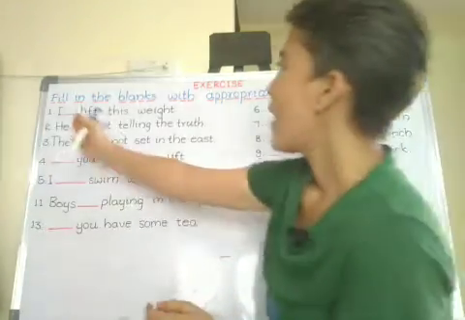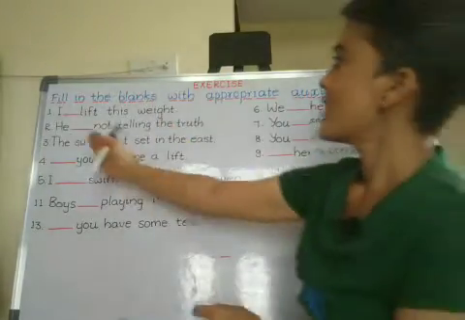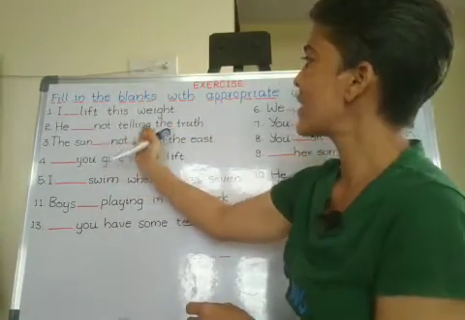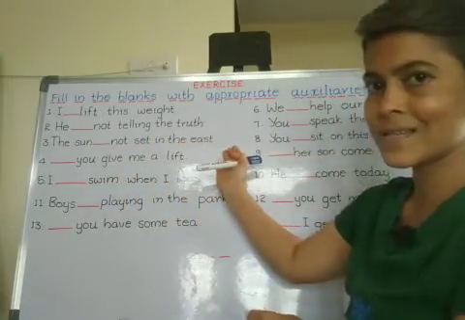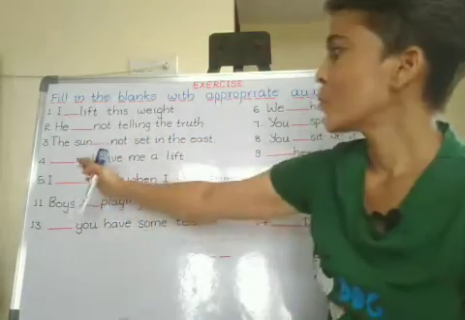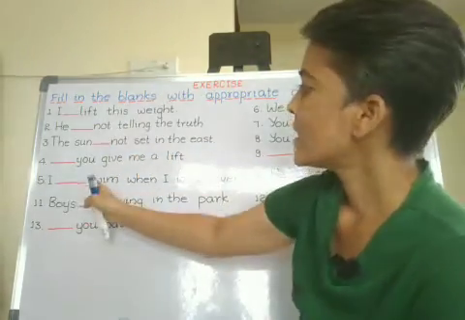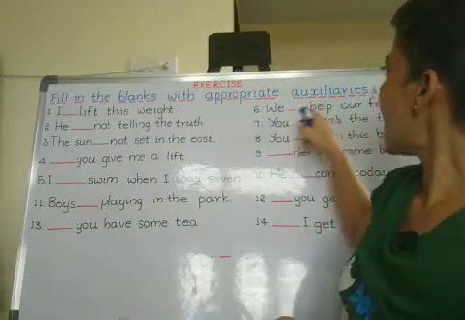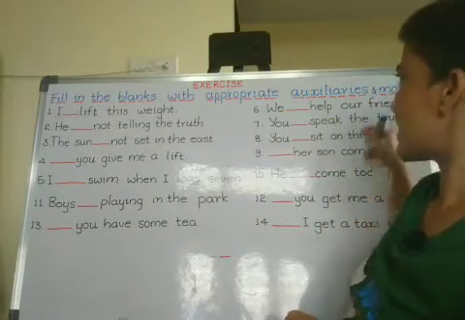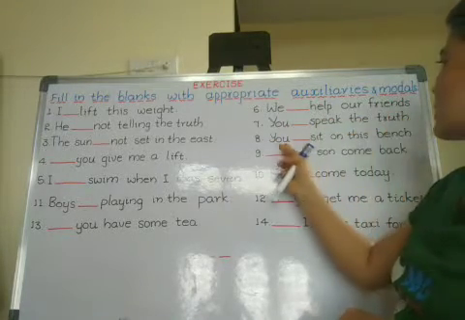I lift this weight. He does not telling the truth. The sun not set in the east. You give me a lift. I swim when I was 7. We help our friends. You speak the truth.